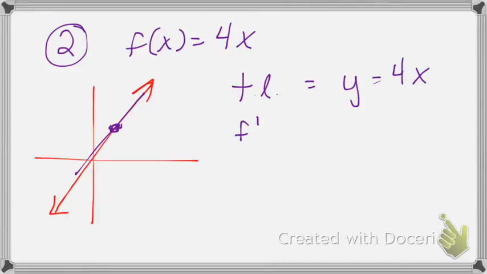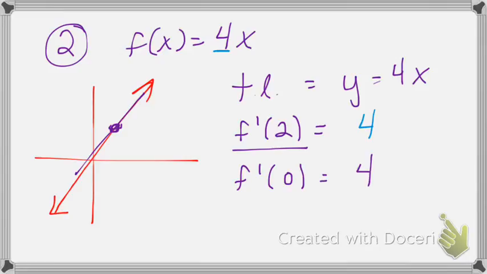If I wanted to know the derivative at 2, that just means the slope at 2. Well, the slope at 2 is the slope of the line, which is just 4. If I wanted to know the slope at 0, it's still 4. The slope is always 4 at every point.